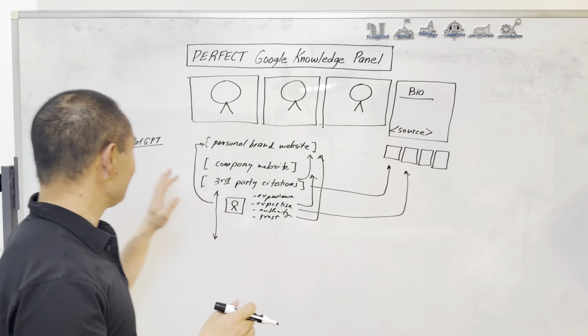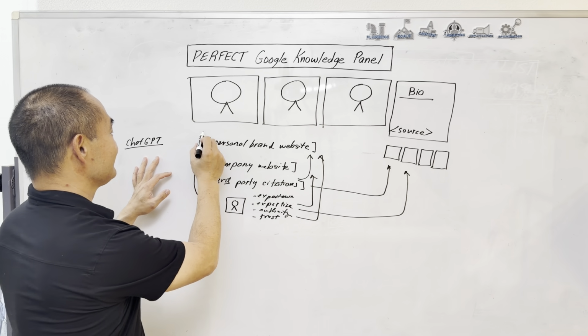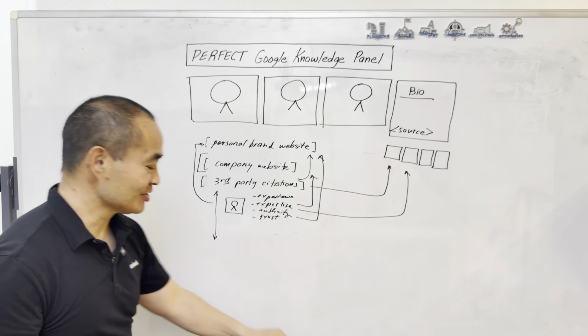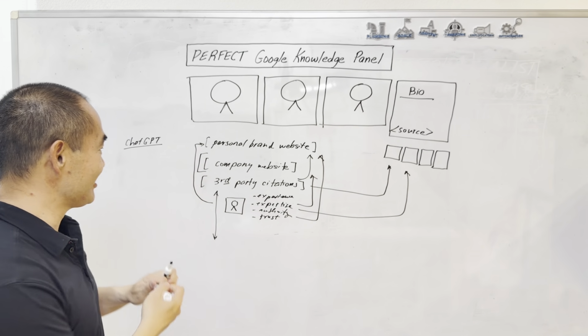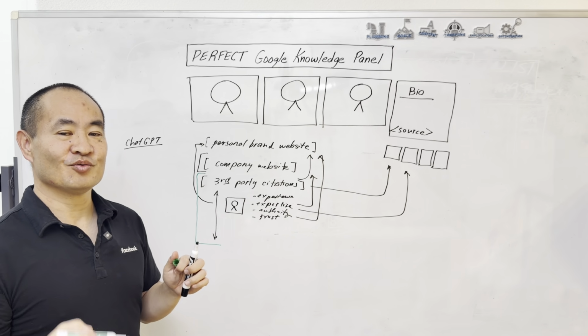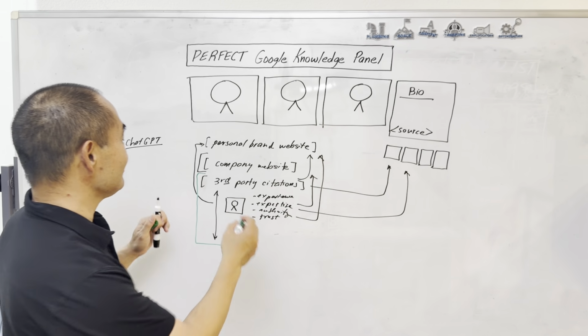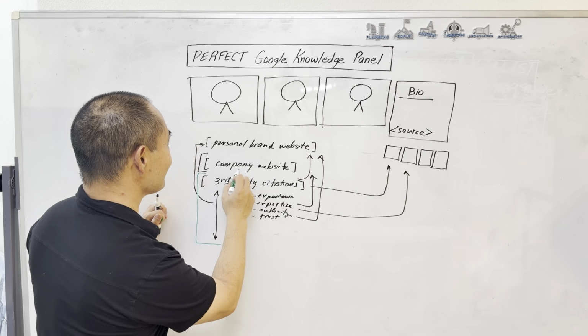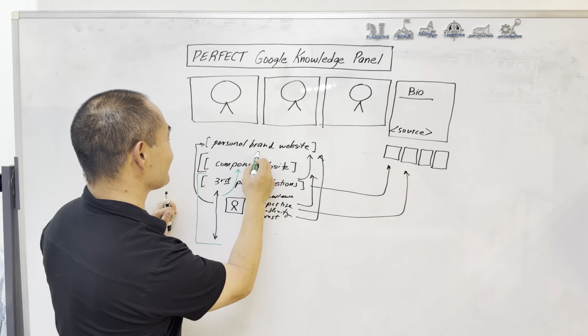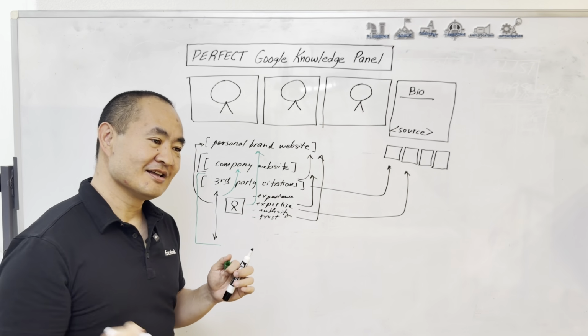And how does ChatGPT determine that? Well, they're going to see that you have a company website and there's things that you say about yourself. But what's more powerful than what you have to say about yourself are all these third-party citations. When we take these third-party citations and then we sprinkle them into the location service pages and then sprinkle them back into the personal brand website, we're creating these loops of trust.